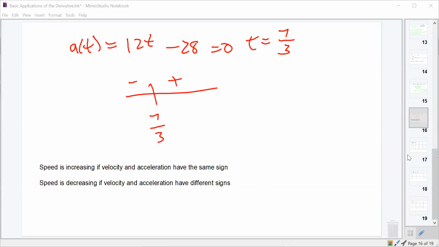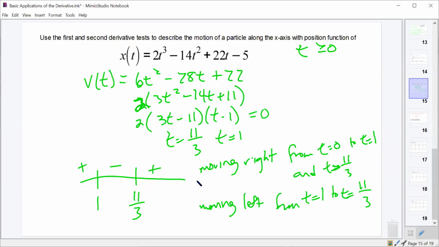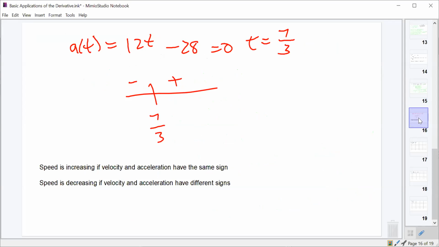Right. So from 0 to 7/3, the sign of our acceleration is negative. Are there any overlaps for a negative acceleration here? Looks like from 1 to 7/3 also. So we could say that from 1 to 7/3, our speed is increasing. And also any overlaps of positive.